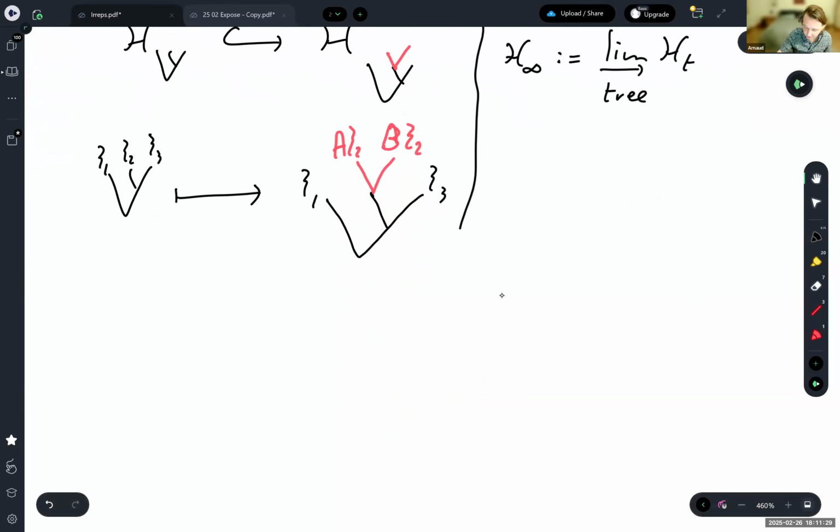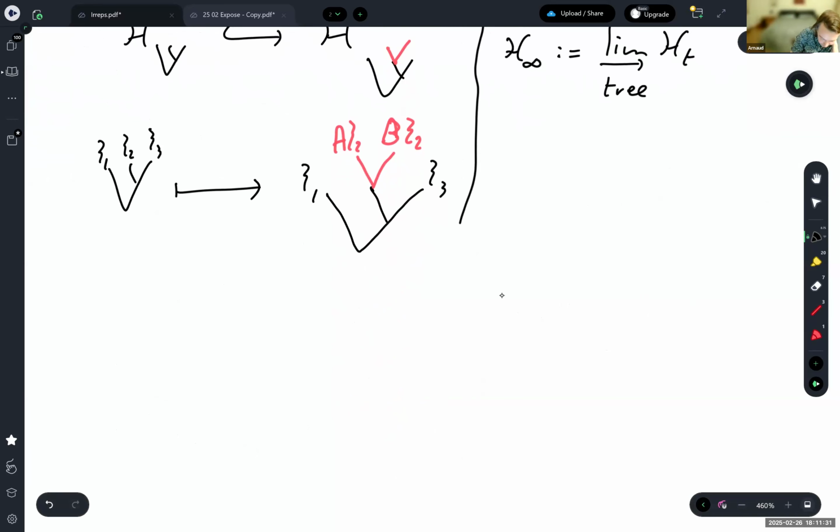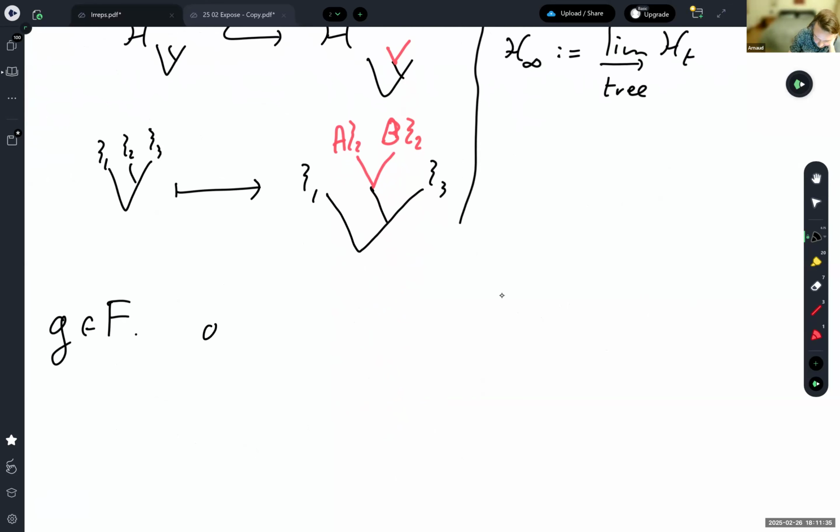So how do I act with my Thompson's group F? Now I'm going to take g in F, and g is going to be, for example, this guy. It's going to be one tree composed with another tree upside down.